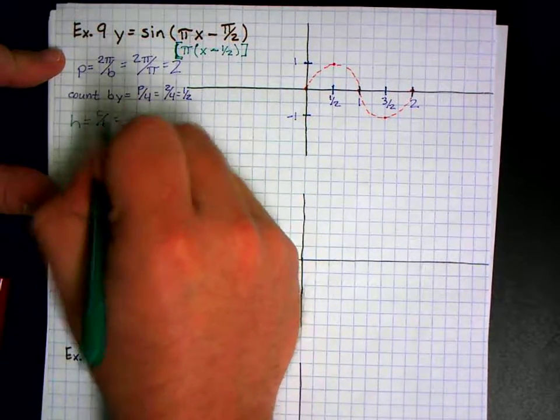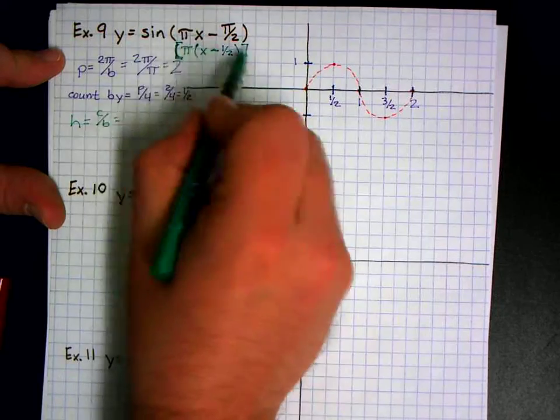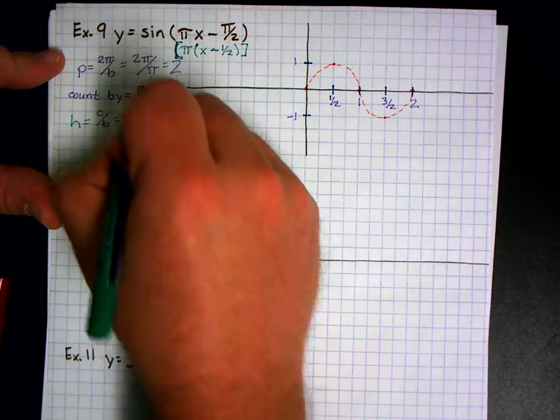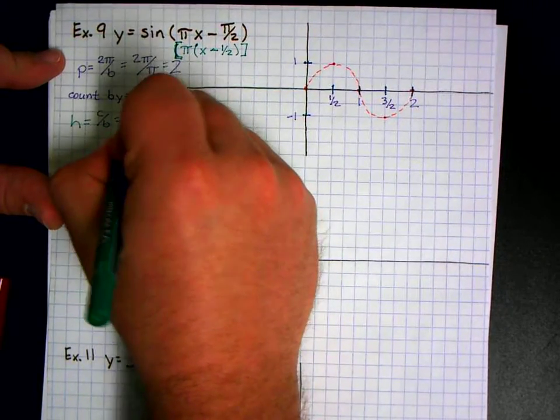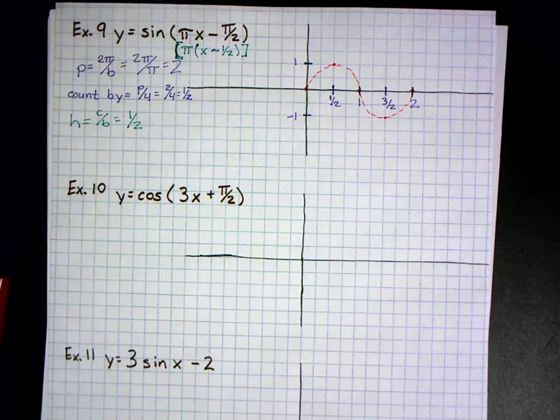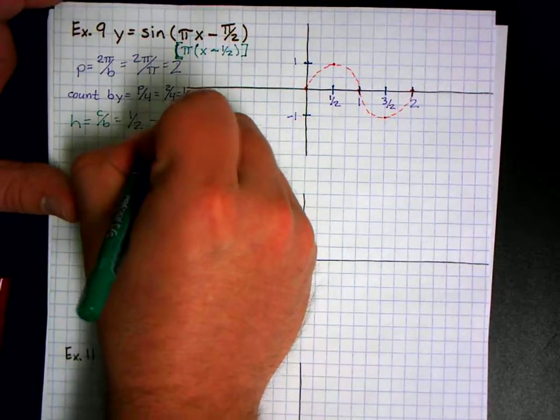Again, I'm not asking you to memorize it. Knowing this much is good enough. But either way, my h value is 1/2. So that means I need to shift to the right 1/2.